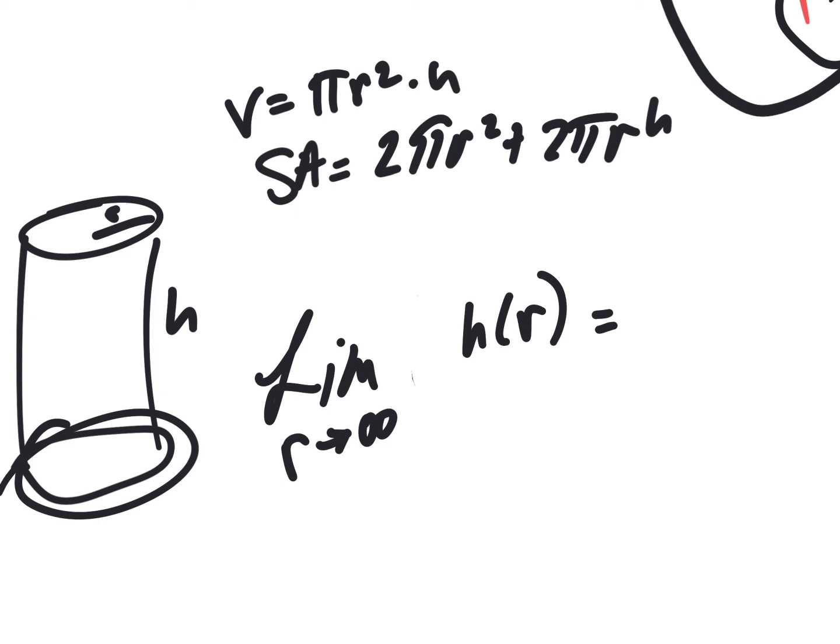Actually, let's do, I think you'll understand this better. Let's go with volume. I'll just say limit of the volume. Okay, talk with the kid next to you about what you think that means. The limit of the volume as r approaches infinity.